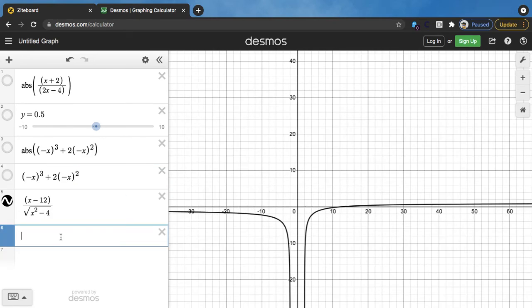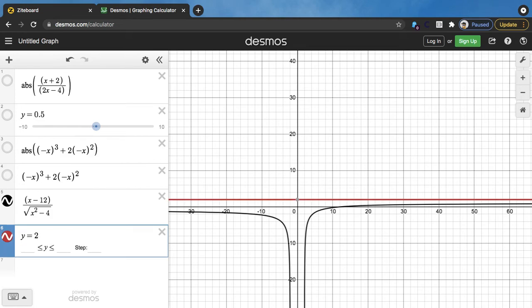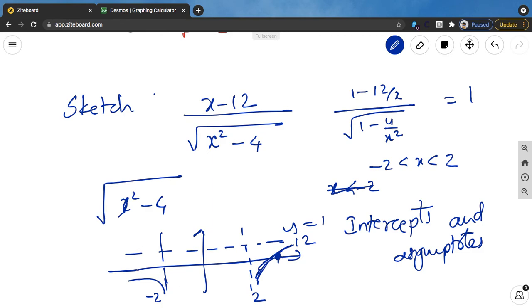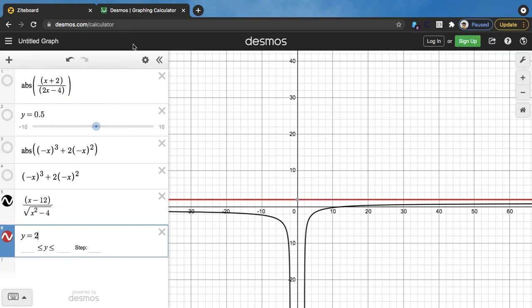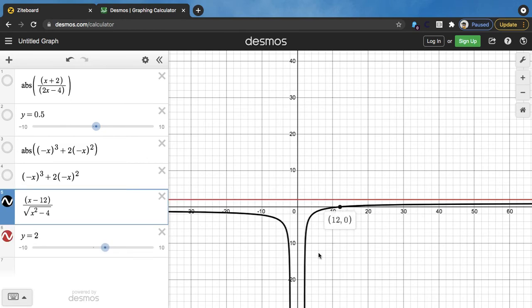I'll draw the y equal to 1 line, so you know that it is the horizontal asymptote. This left side remains only in the negative region. Do you see? And the right side goes at x equal to 12, it becomes 0. It starts negative, and after that it starts becoming positive and goes towards 1. Negative side always remains negative.